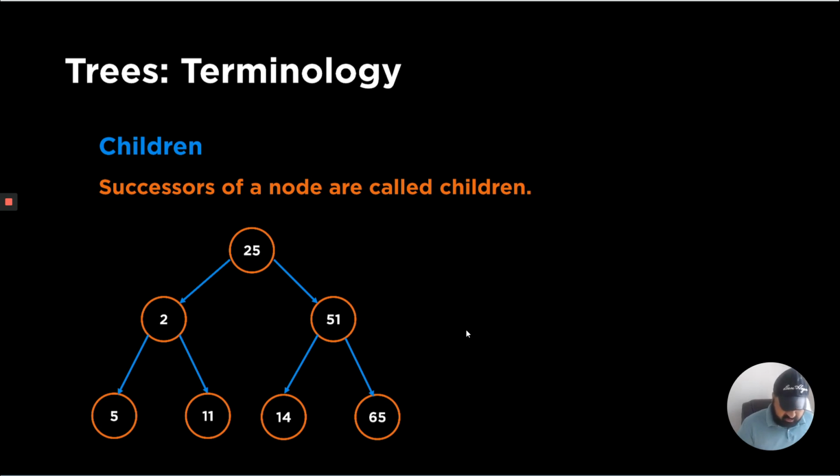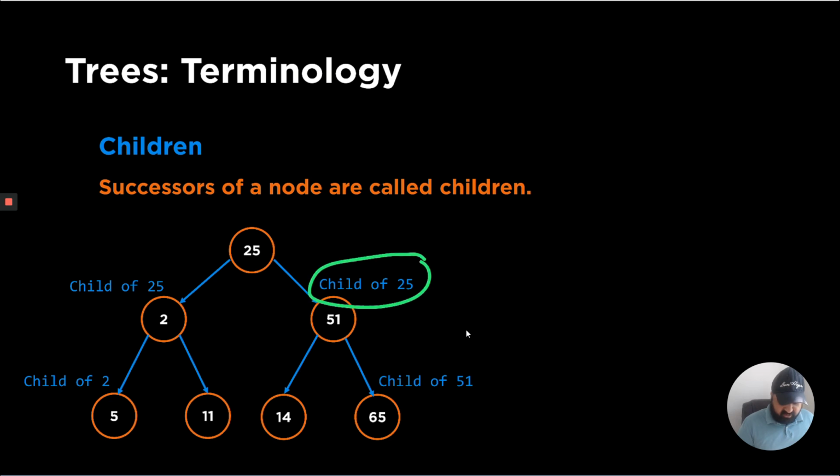In this case, 2 and 51 are children of 25, while 5, 11, 14, and 65 are children of 2 and 51, respectively. Here we can see 51 is the child of 25, and so on.